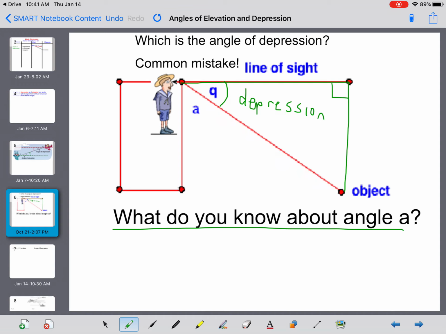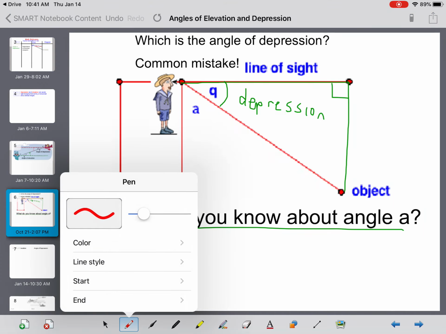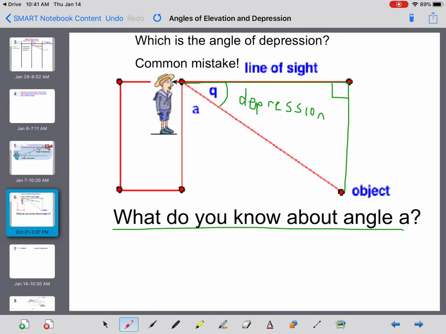What do you know about angle A? Well, if we were to connect this whole space, we would create a rectangle. In a rectangle, I know that this angle is 90 degrees. So let's say angle Q were 50 degrees.